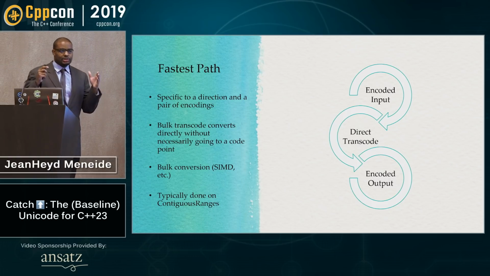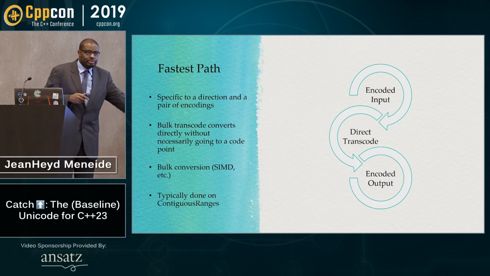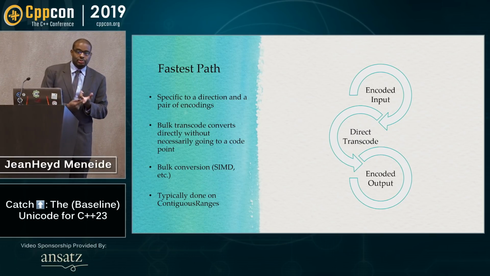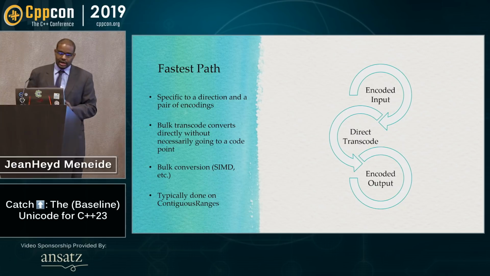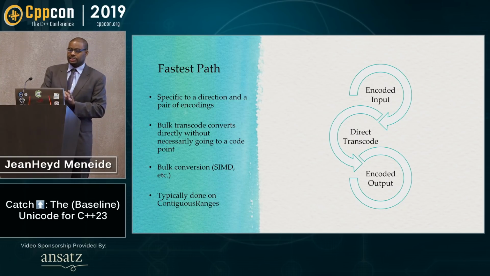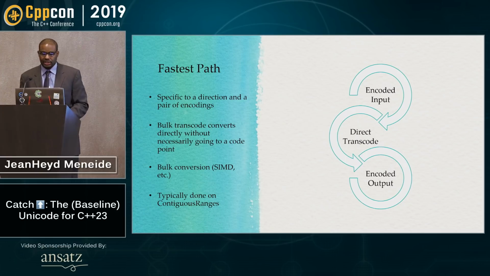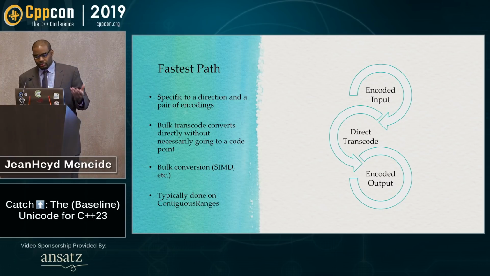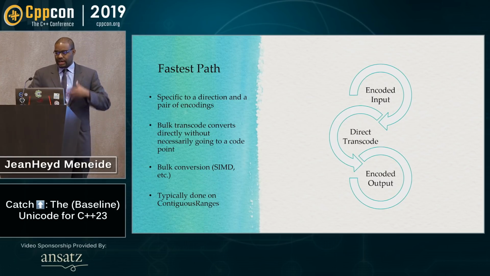We need something that can go blazingly fast, like take all the input and dump it into all the output. This is what your WideCharToMultiByte or MultiByteToWideChar on Windows looks like. This is what encoding_rs, which Henri Sivonen wrote for Firefox, looks like. These are the things that we need to enable great performance, so we need another hook for that.